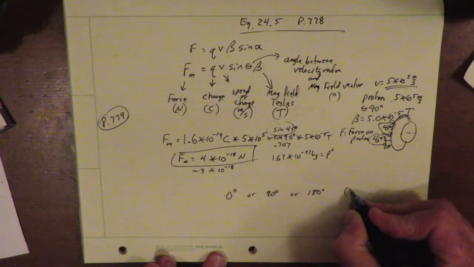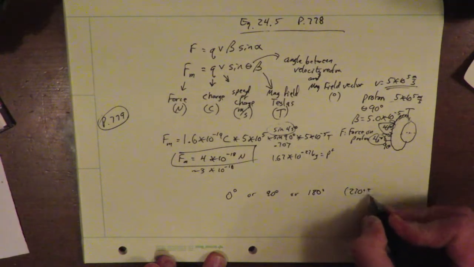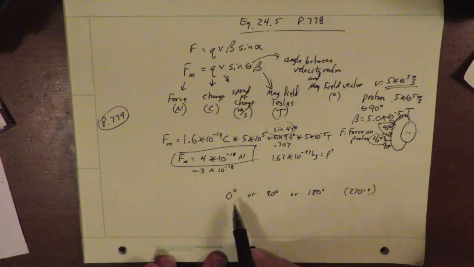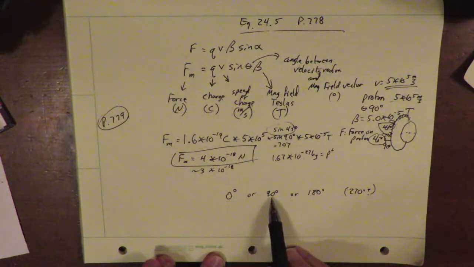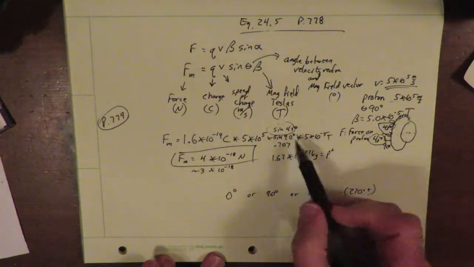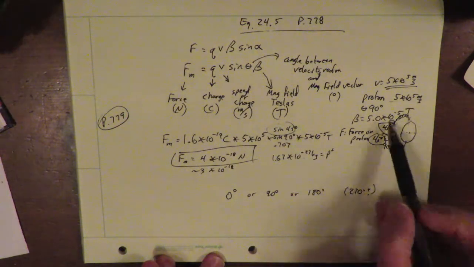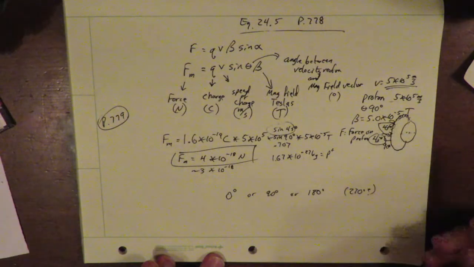Or possibly 270 degrees, but I'm not sure about that. But it doesn't matter anyway. So basically, it's where the sine theta is 0 or 1, and they don't care if you know how to handle it on these intermediate angles.